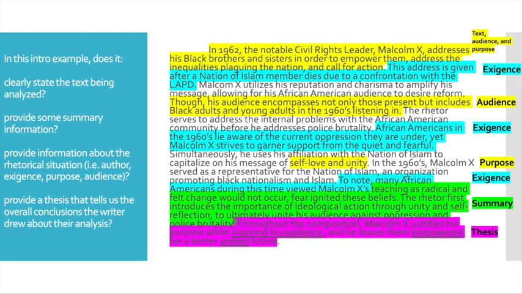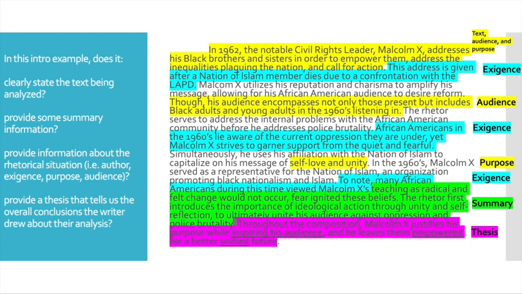So in this particular example, it says: "In 1962, the notable civil rights leader Malcolm X addresses his black brothers and sisters in order to empower them, address the inequities or inequalities plaguing the nation, and call for action. This address is given after a Nation of Islam member dies due to a confrontation with the LAPD.